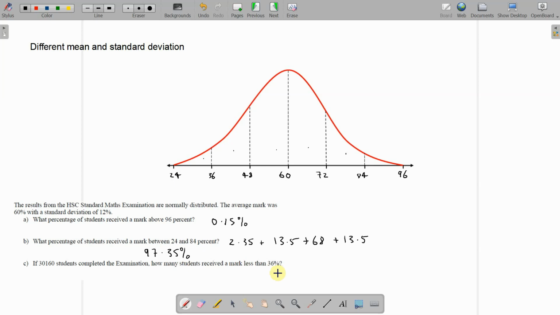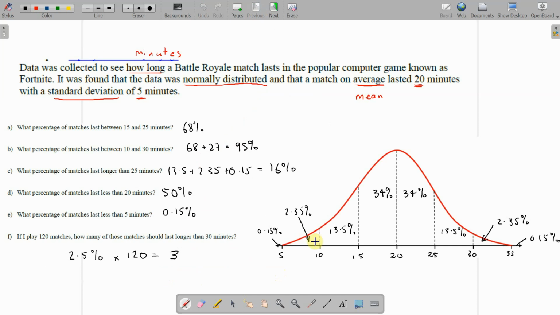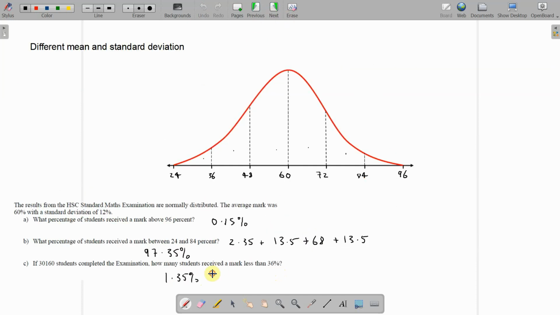How many students receive a mark less than 36? Well, 36, that's our 1.35% for this last bit. And 0.15, that should be 2.35.